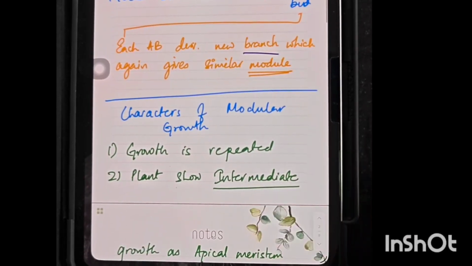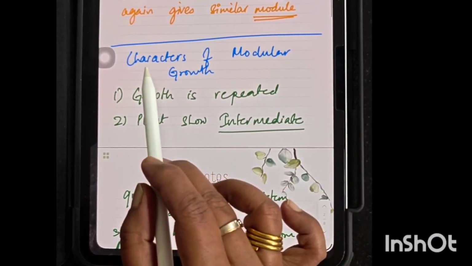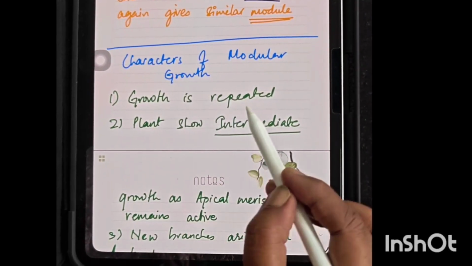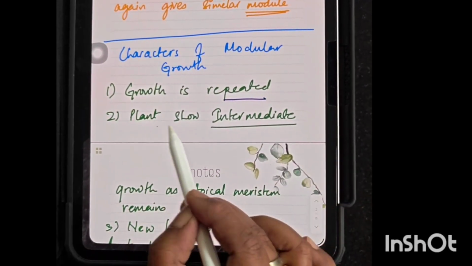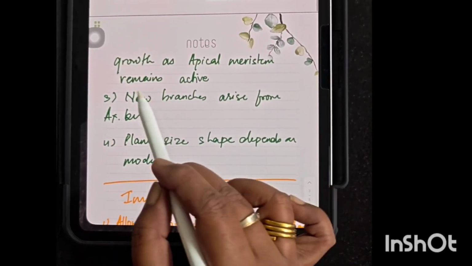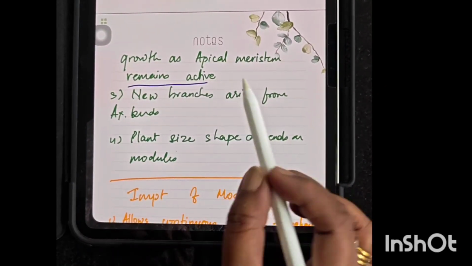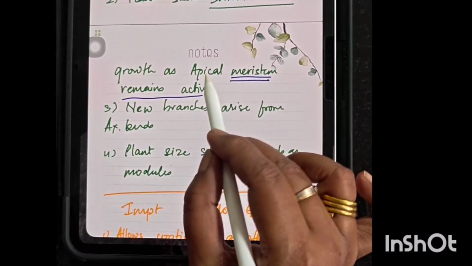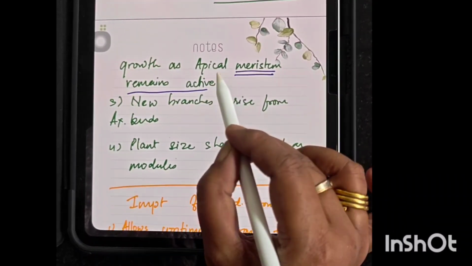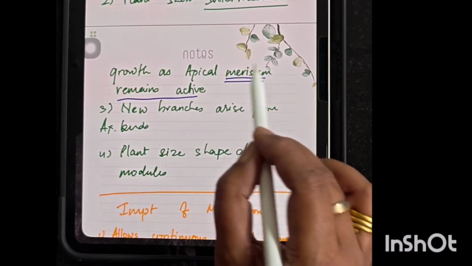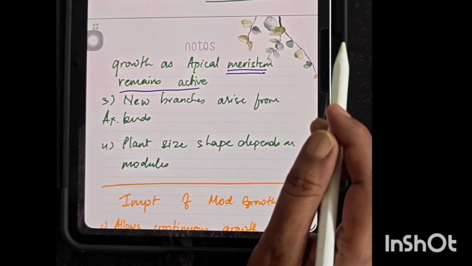Now we will look at the different characters of modular growth. As I said, growth is repeated. Growth shows an indeterminate pattern as the apical meristem remains active. Just remember, whenever there is the term meristem, meristematic cells can be at different positions: the apical region, axillary region or nodal region.